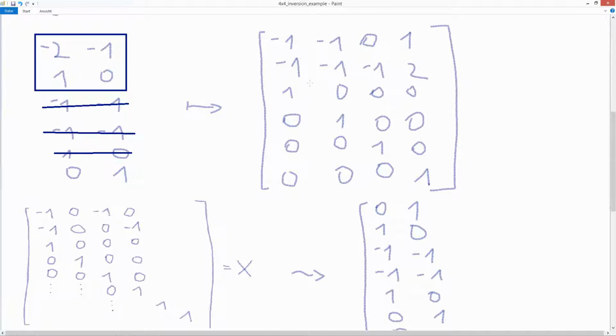Okay, third column, we have 0 times -1. This should yield 0. Then we have 0 is 0 again. We have 0 and -1.